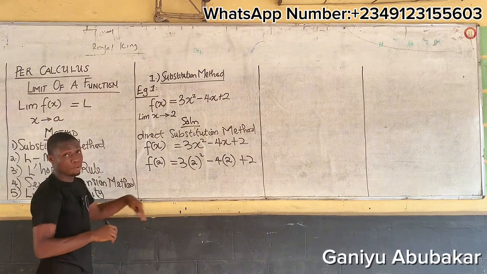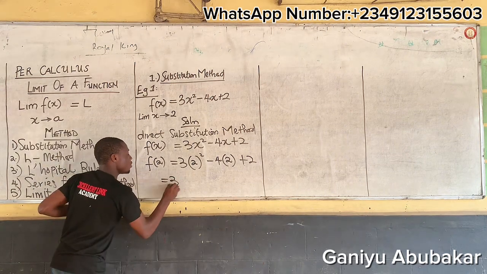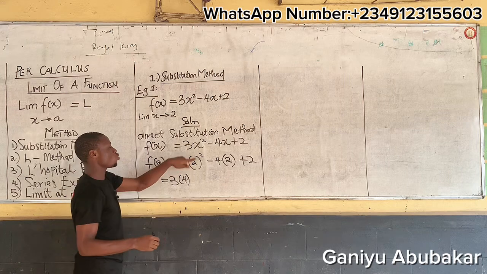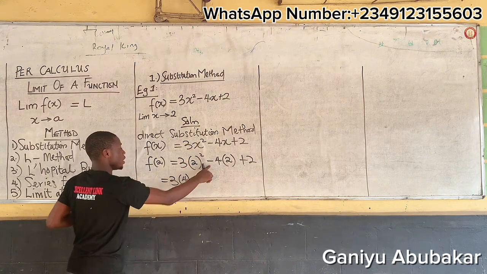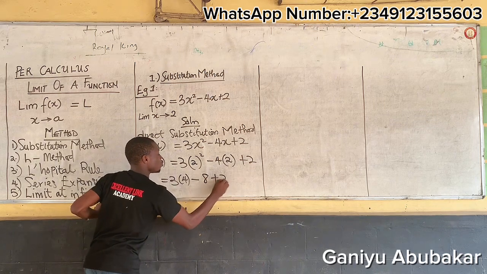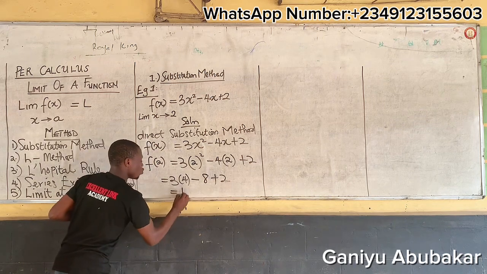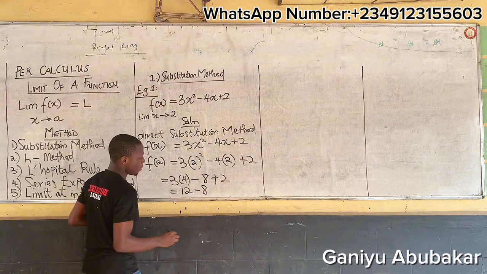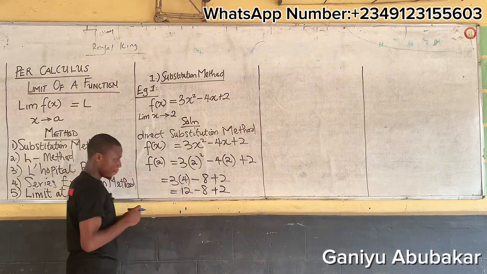If I do my normal math, I shall have 3 into 4, since 2 squared is of course 4. Next, minus 4 times 2 is 8, plus 2. This will give 12 minus 8 plus 2.